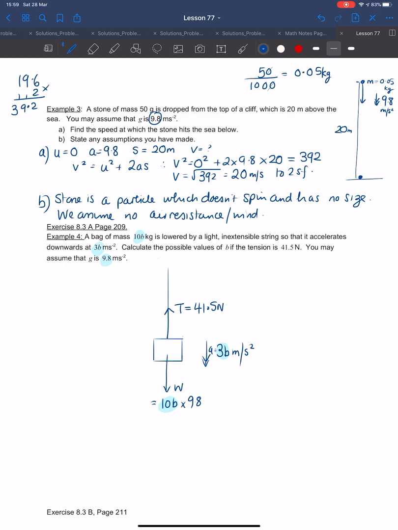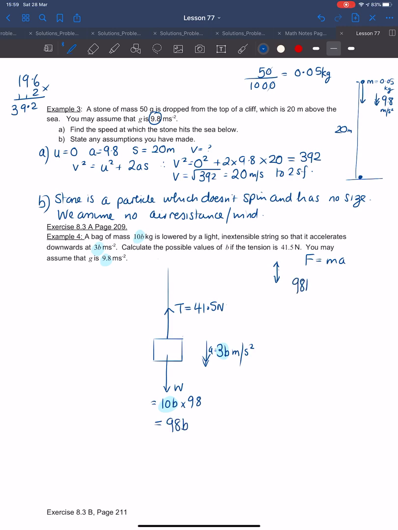Okay, so we can only resolve vertically. So downwards, it's F equals ma is what we've got to use, Newton's second law of motion. So we've got the net force, which is 98b.